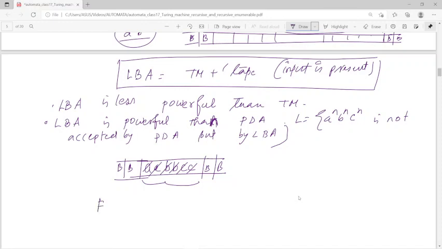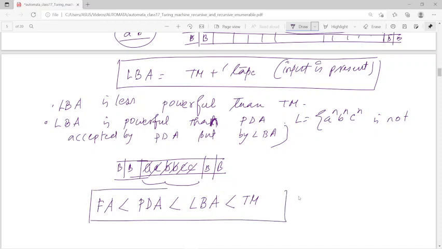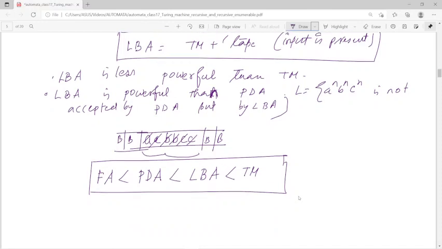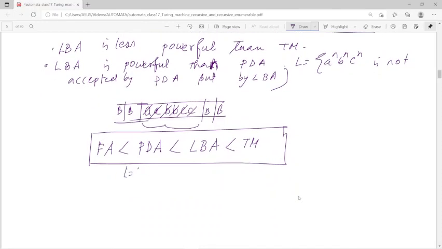That means if this is a finite automata, then this is less powerful, you can say PDA, that is less powerful than LBA, that is less powerful than Turing machine. That means there are some languages which are accepted by PDA which are not accepted by finite automata, but the reverse is not true.